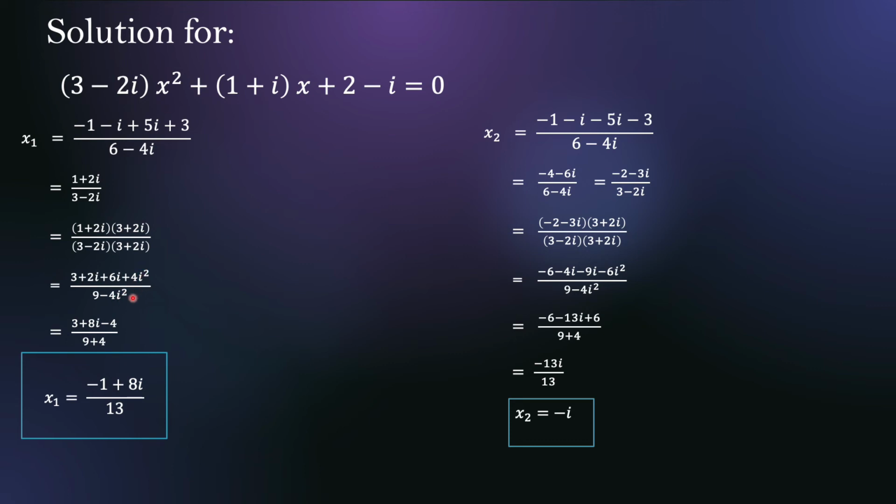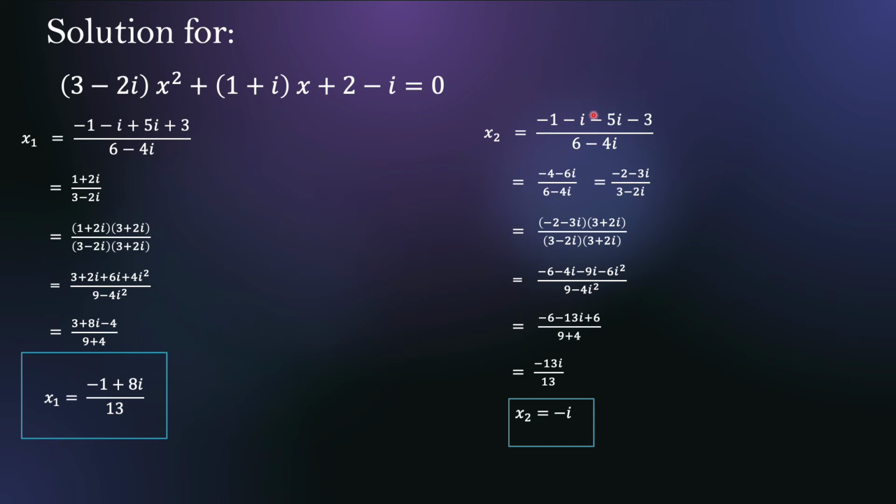So if I substitute negative 1 for i squared, I get in the numerator 3 plus 8i minus 4, and in the denominator, I get 9 plus 4. Okay, and my x1 is going to be (negative 1 plus 8i) divided by 13.